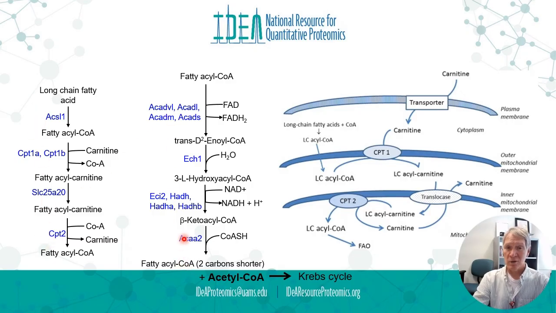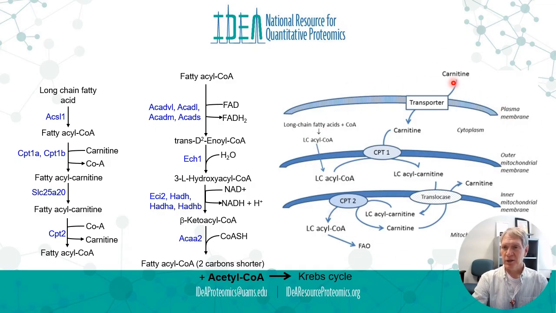So one of the things we can look at is to say, hey, are these proteins that are listed in blue here, these are different gene names for proteins, upregulated when we feed these mice a prolonged diet that includes a lot of fish oil? And these proteins come from the mitochondria.